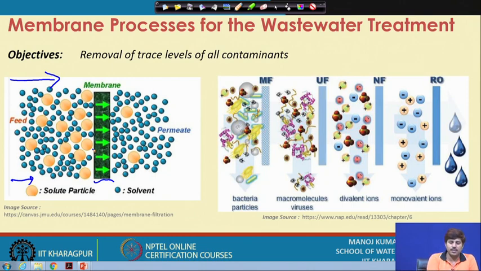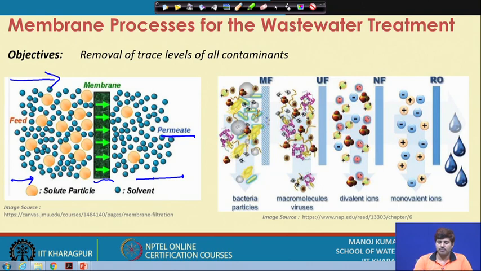The contaminants are retained on one side, and the water, which we also call permeate, passes through the membrane, and the one which is retained becomes the concentrate or reject. We have a variety of systems like microfiltration, ultrafiltration, nanofiltration, and reverse osmosis.